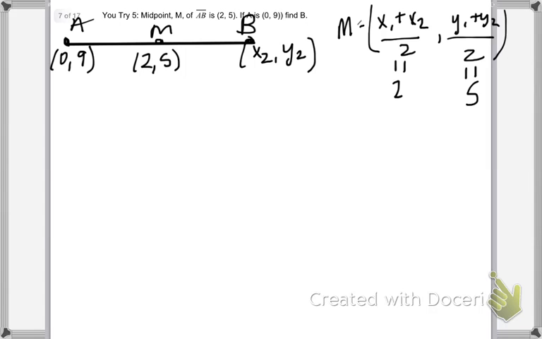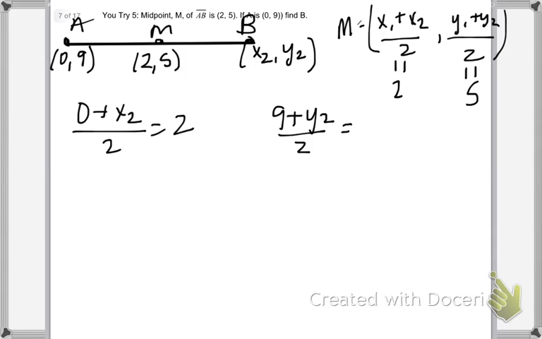So this first part is equal to 2, and I do know what my x1 is, so let's substitute in. So I have 0 plus x2 divided by 2 is equal to 2. And I know my y's, so I can write my equation there as well. So I have 9 plus y2 over 2 is equal to 5.